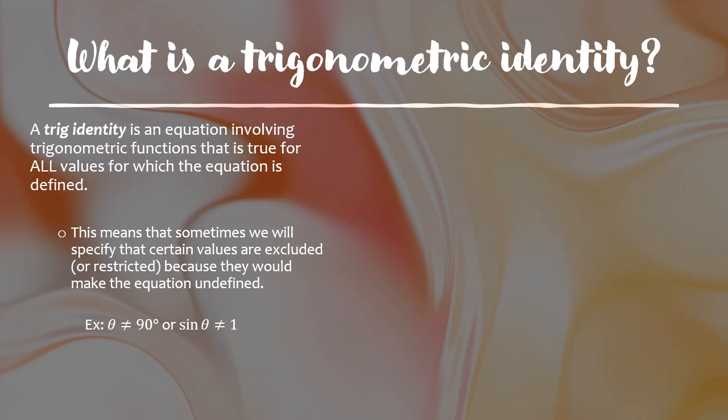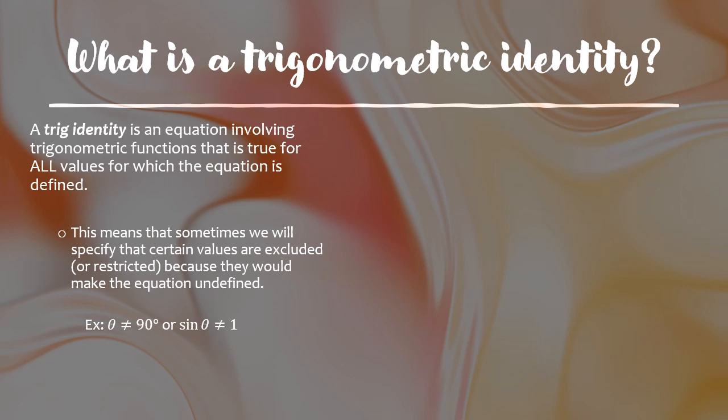There will be some exceptions: when we state, okay, here's an equation, we're going to call this an identity, we will actually state, but except for this particular value. So you'll see that bullet point there. Sometimes we will specify those certain values that are excluded from the identity or represent restrictions on the identity.